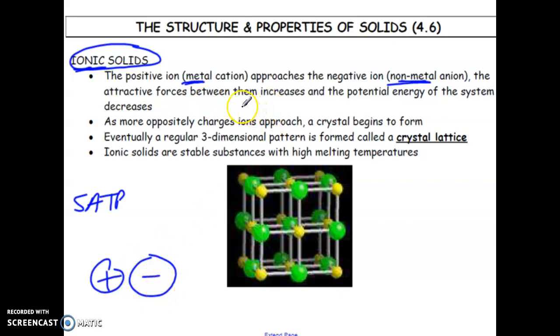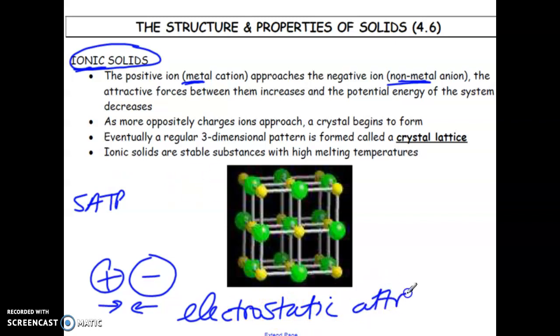So here the attractive forces are very strong, right? Opposites attract. The term for this attraction does not follow intermolecular forces. This is called an electrostatic attraction. That just goes down to the basics of opposites attract and like charges repel.